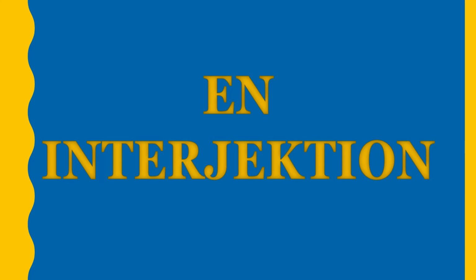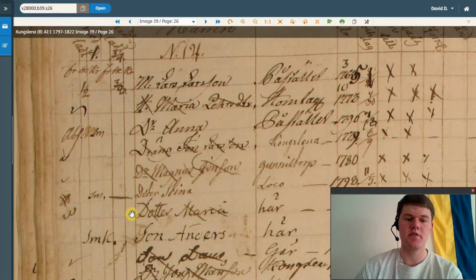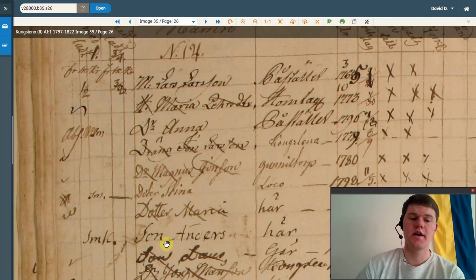And also you can basically tell by the name. If it's a guy name, then it's going to be a guy, and that's nearly always going to be the case. And the minister also wrote out daughter in its entirety right here. So that's kind of interesting. Then there's also son. That means son.